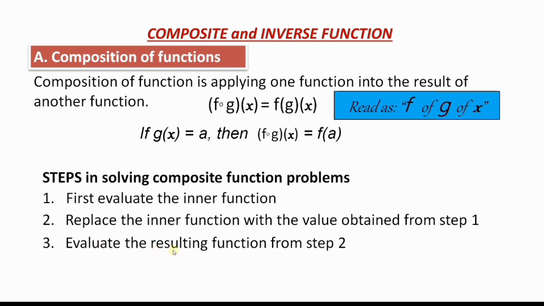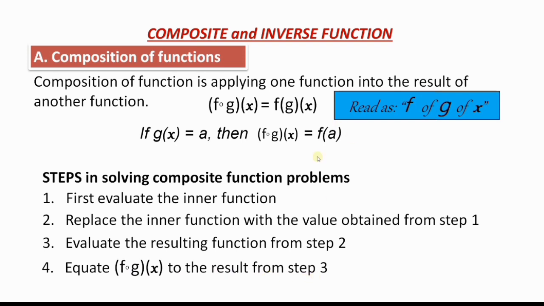Thirdly, you evaluate the resulting function from step 2. And equate f of g of x to the result from step 3 as your final answer for the problem. So let us do some example problems so that we have a clear understanding of this.